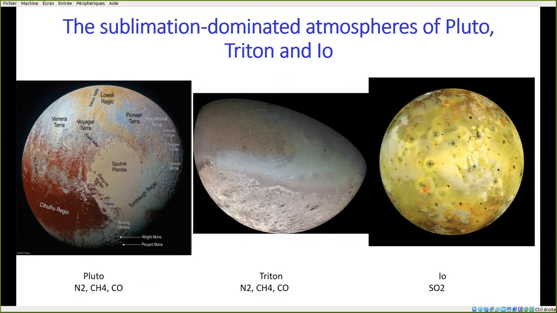So these volatile ices are N2, methane, and CO on Pluto and Triton, and SO2, sulfur dioxide, at Io. For Pluto and Triton, because N2 is much more volatile than methane, and because CO has a small abundance in the ice relative to N2, because of that, the atmospheres of Pluto and Triton are in fact dominated by molecular nitrogen.